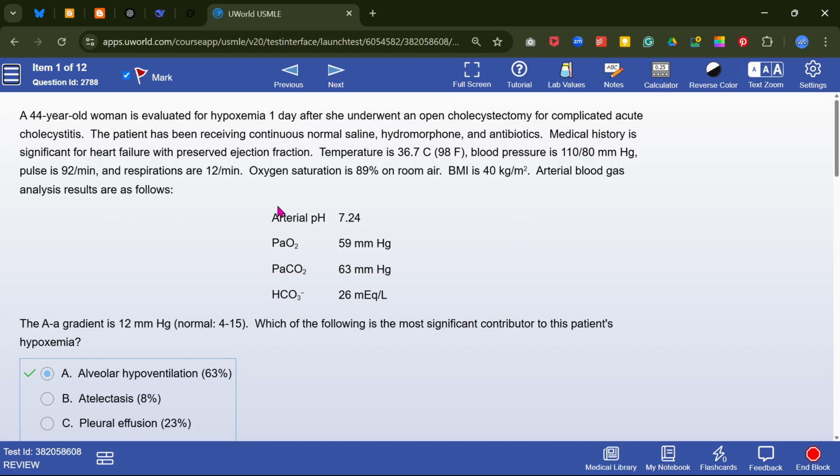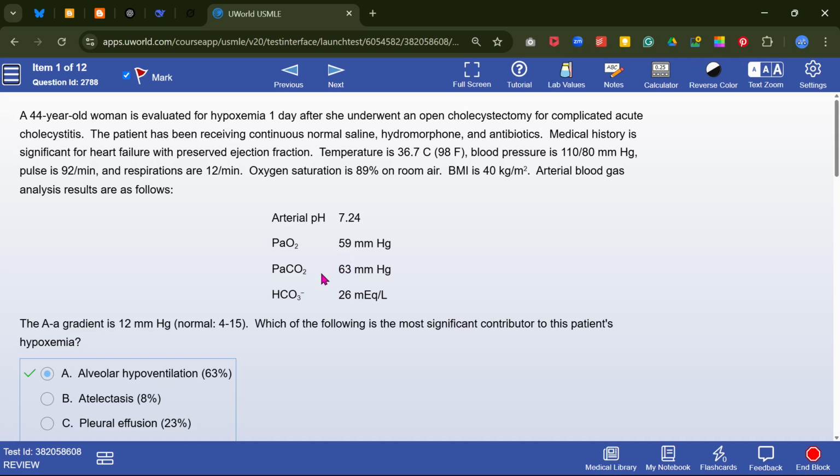ABG analysis results in arterial pH 7.24, arterial oxygen 59 mmHg. Arterial oxygen is actually low. PaCO2, partial pressure of carbon dioxide, is higher; normal is 40 millimeters of mercury.